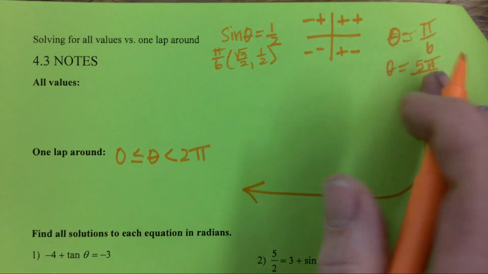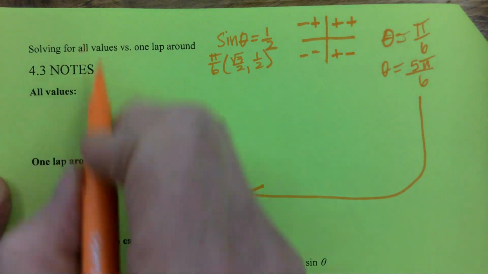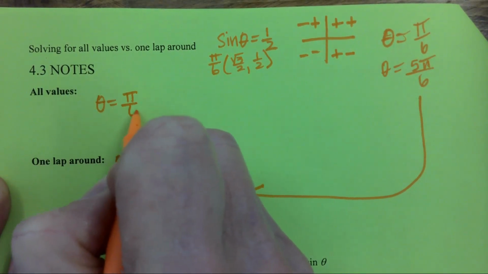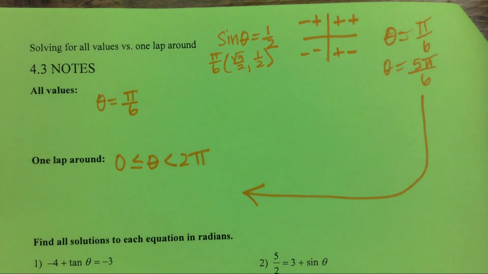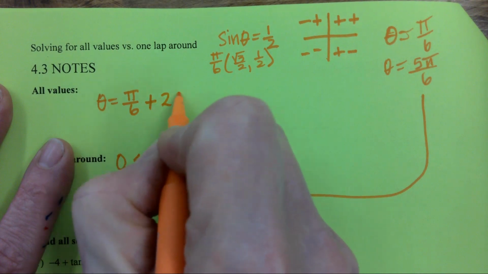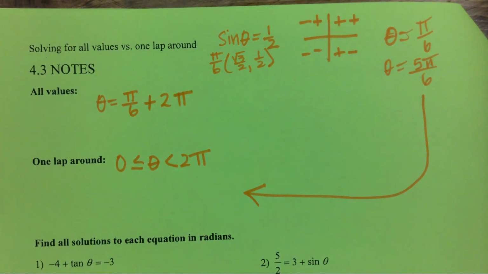So when I do all values, my theta is pi over 6, yes, but it's also pi over 6 plus 2 pi, because 2 pi would get me right back to that, plus 2 pi more, plus 2 pi more. This goes on and on forever. So we add 2 pi to our answer.